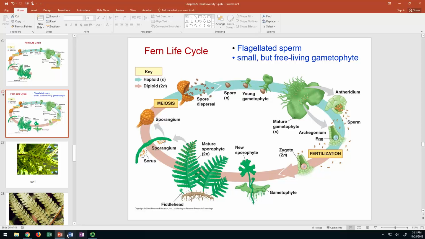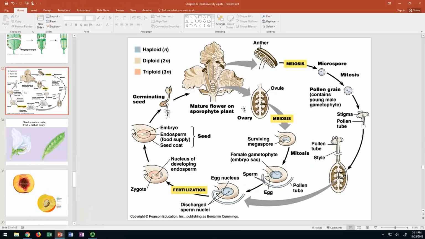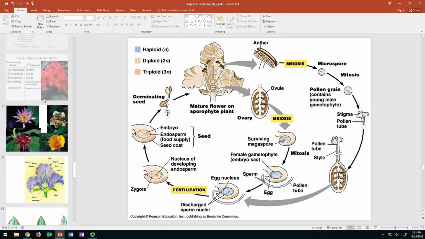Sporophyte. And then all types of vascular, whether it's seeded or non-seeded, sporophyte, right? So they're all sporophyte except for the non-vascular, right?